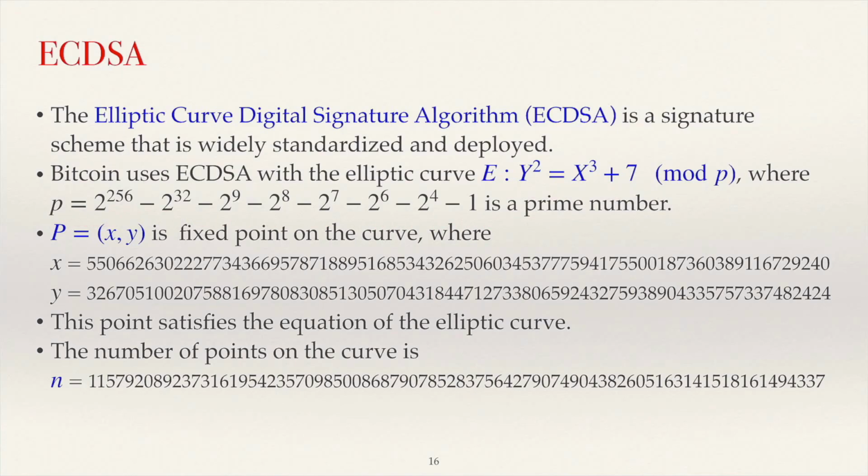There's a fixed point P on the elliptic curve, so P has coordinates x and y, where x is this large number and y is this large number. One can check that this point satisfies the equation of the elliptic curve. This curve has a large number of points. In fact, the number of points is n, where n is this large prime number.